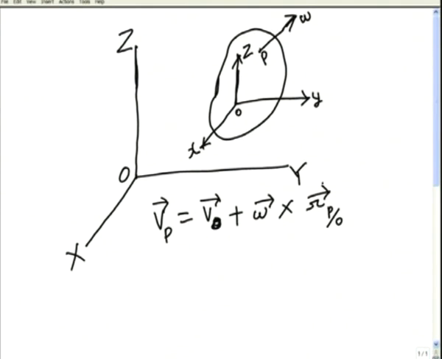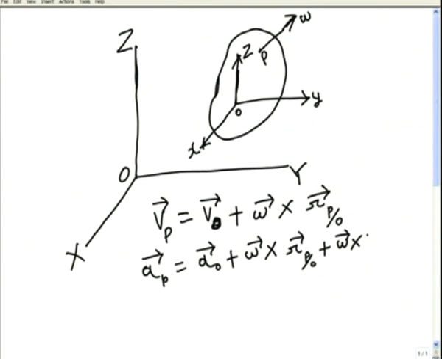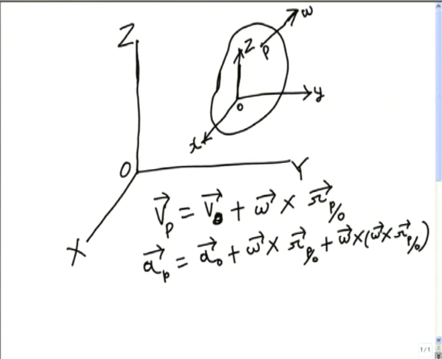So, Vp is equal to Vo plus omega cross this one, and similarly the acceleration Ap can be written as Ao, small o, plus omega cross R PO plus omega cross omega cross R PO.